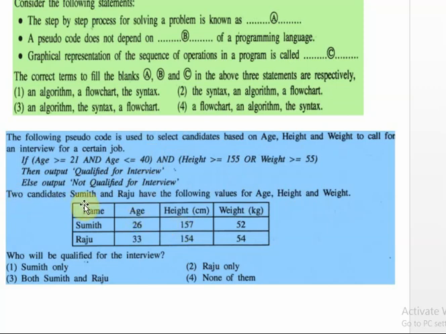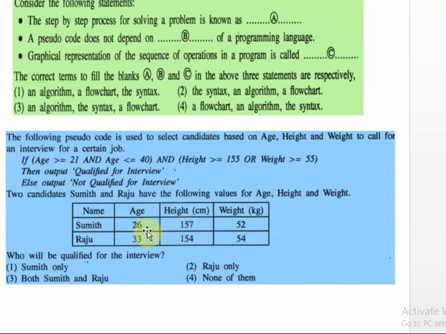Now two candidates, Smith and Raju, have the following values for age, height and weight. Now see here, Smith age 26, right? Okay, the condition is matching, greater than 21, and height 157.